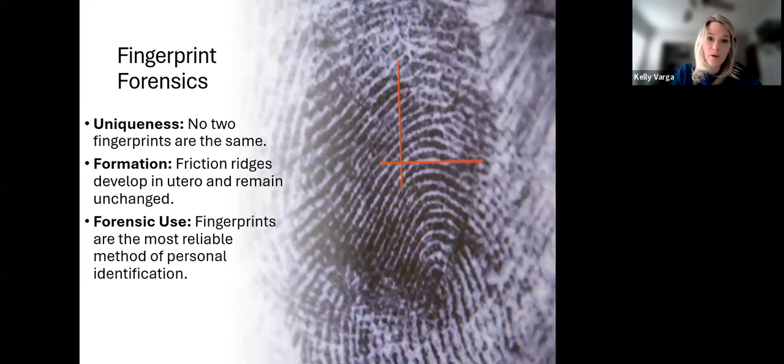We're going to talk a little bit about how this becomes maybe problematic in the aspect of the same individual. Formation: how these are formed is actually, if you've never thought about where this comes from, your friction lines, these little ridges that we see here, are made in utero.